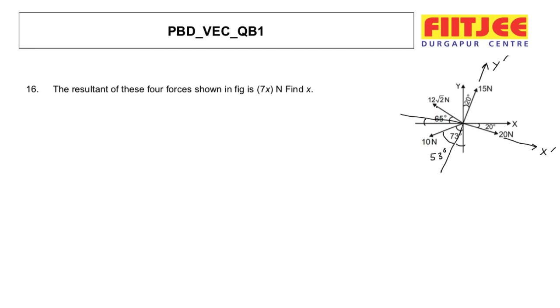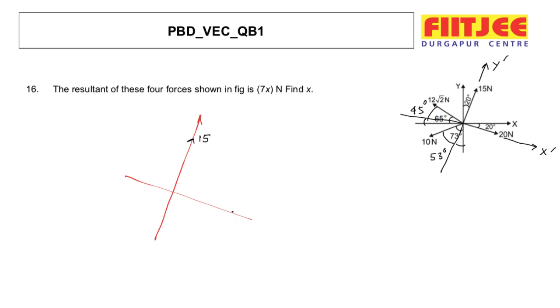So this force is lying at an angle of 45 degrees from this x prime axis. So if I now try to redraw the situation, then you can see that this is my x axis and this is my y axis. And what are the forces? You can see that along this line it is a force of 15 Newton.